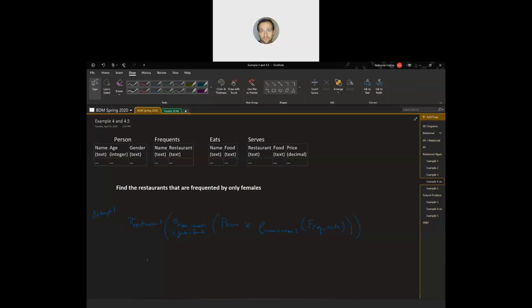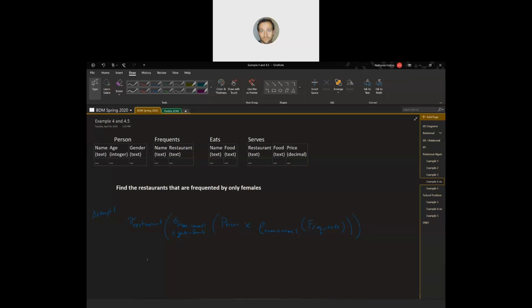Yeah, very good, Tushar. Set difference, just get females. Yep. That is correct. So, yeah, good job, Tushar.